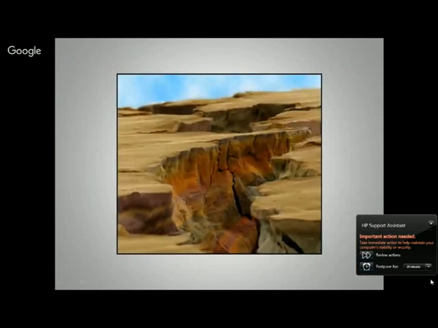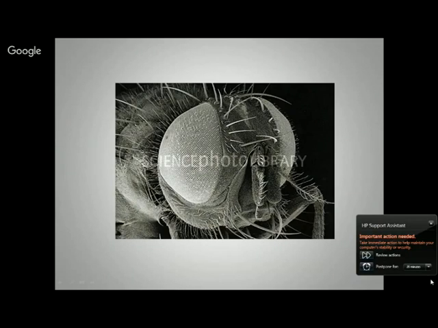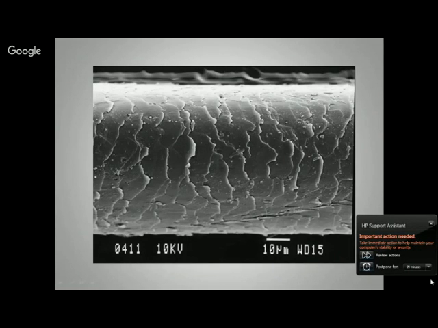And this is the second one, a crack in a steel. This is a mosquito photograph. This is a human hair, and from this photograph you can imagine that the thickness of the human hair is around 60 micron.